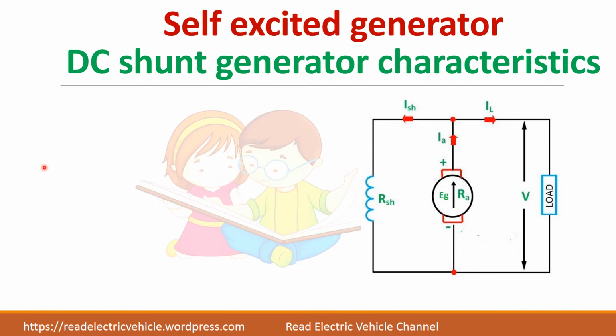Next we will see about self-excited generator. In that, we know there are three types: shunt generator, series generator and compound generator. First we will see about shunt generator. Shunt means the field winding is connected in parallel across the armature.